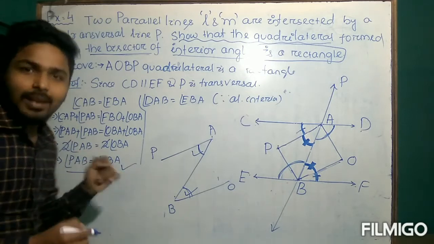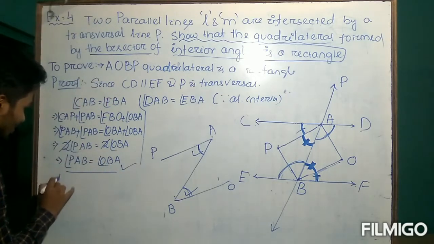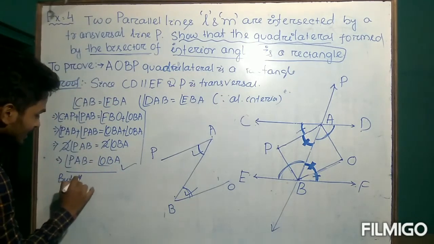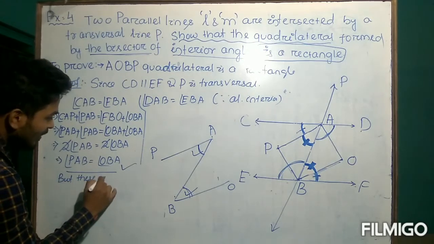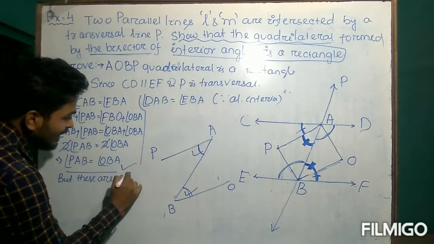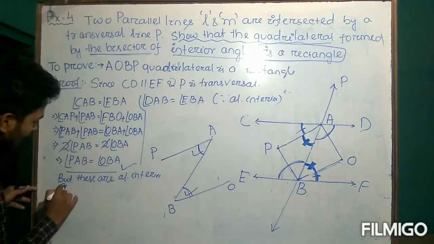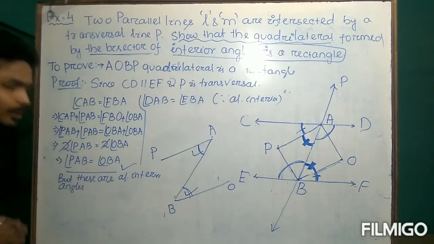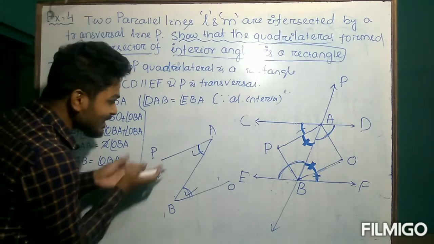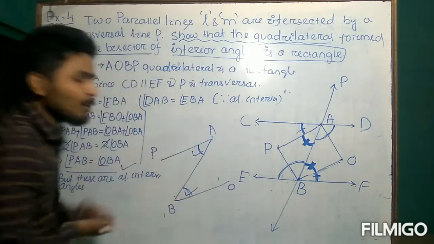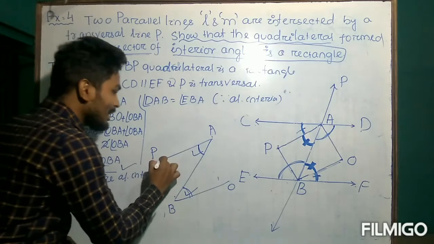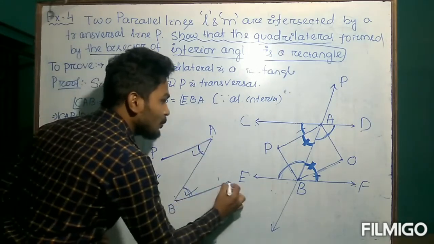They are equal. So you can write that these two are alternate interior angles. For which two lines? For the lines PA and BO. So we can write that PA is parallel to BO.